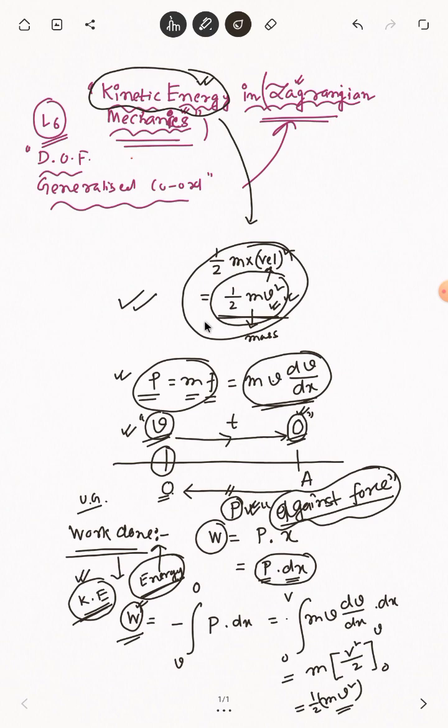Half mv square is the expression for kinetic energy but not the definition, because kinetic energy is some type of work done which happens due to an opposite force. Clear? And during that period velocity goes from v to 0. So ultimately the particle stops. So Lagrange ultimately comes out of Newtonian mechanics by using this energy system.